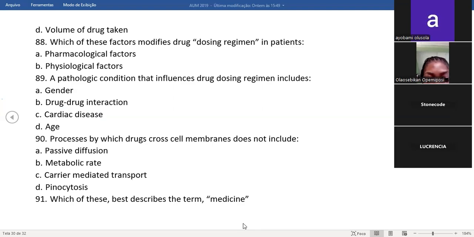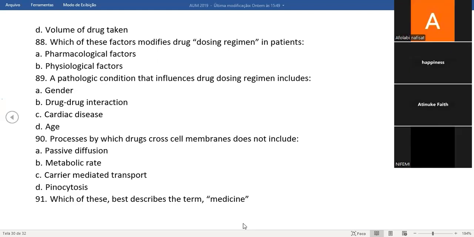Processes by which drug cross cell membranes does not include, question 90. What's the answer? No. The answer is metabolic rate.